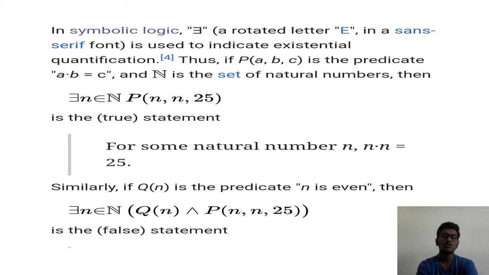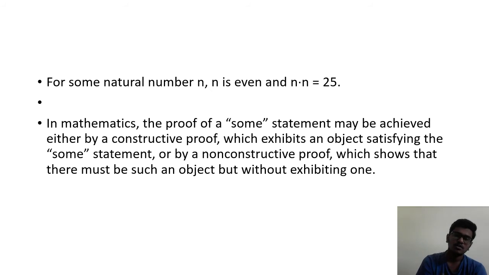Similarly, if Q of n is the predicate n is even, then there exists n belongs to N, Q of n and P of n, n, 25 is a false statement. For some natural number, n is even and n into n equal to 25.